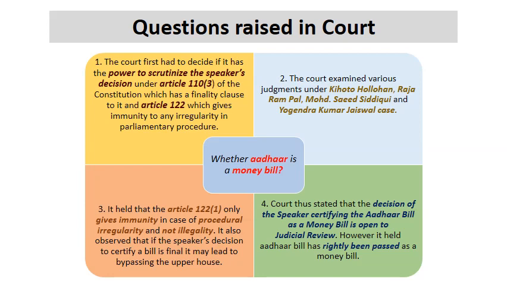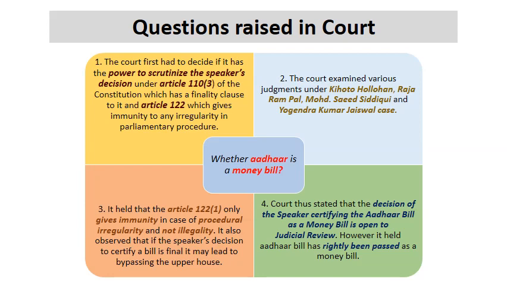So, reading these judgments, the court overturned its decision in the Mohammad Saeed Siddiqui and Yogendra Kumar Jaiswal cases and stated that it is well within the power of the Supreme Court or even a High Court to inquire into the finality of certifying a bill as a money bill. Thus, the court has the power to decide if the Aadhaar bill has been rightly certified as a money bill or not.